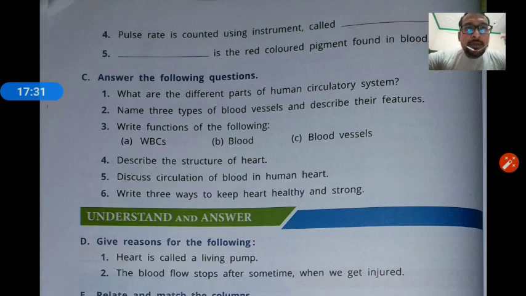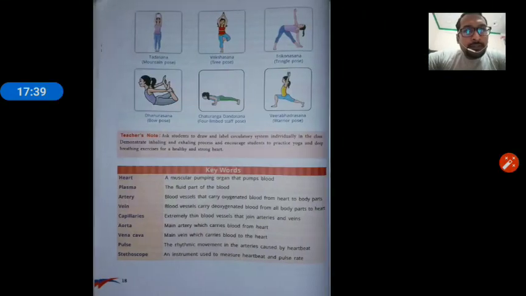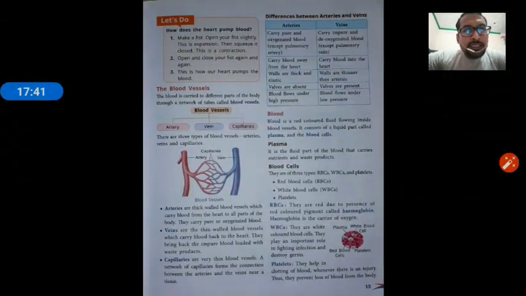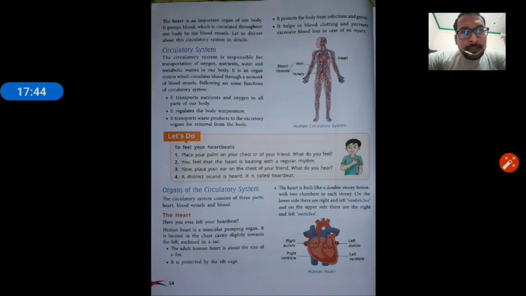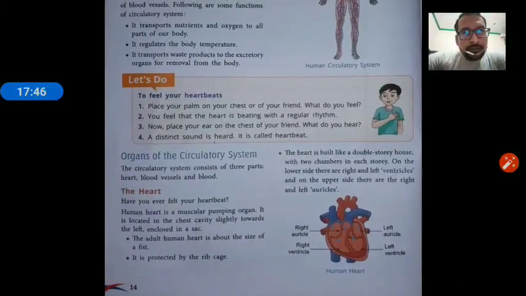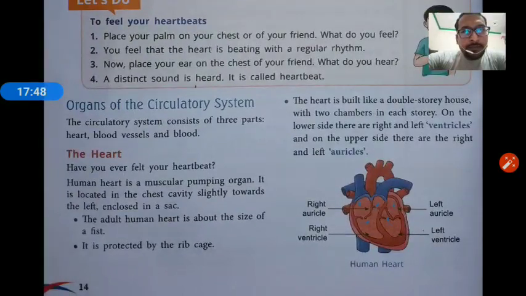Number 1, what are the different parts of human circulatory system? I would like to bring you to page number 14 in your book. See page number 14.